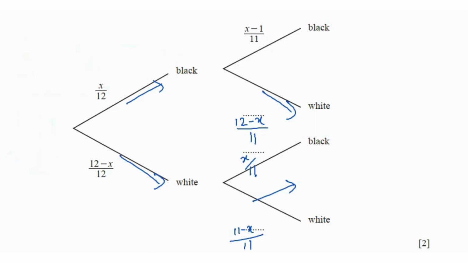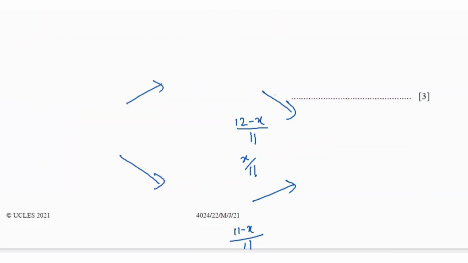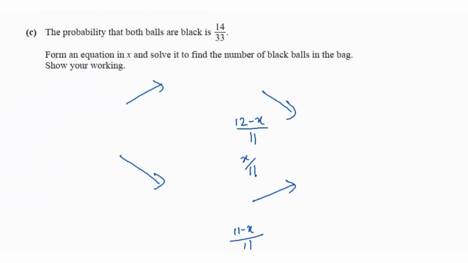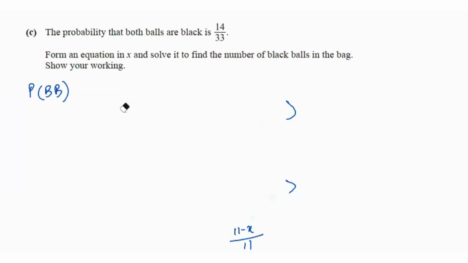So the probability for both black balls is x over 12 times (x minus 1) over 11.